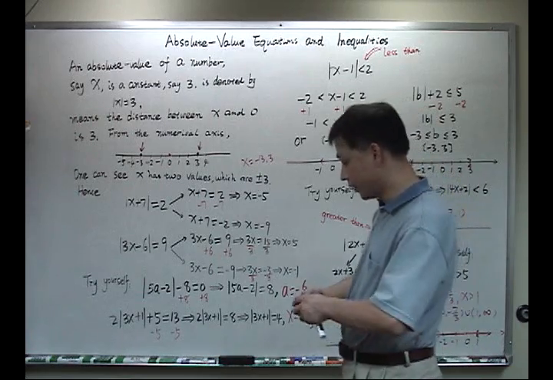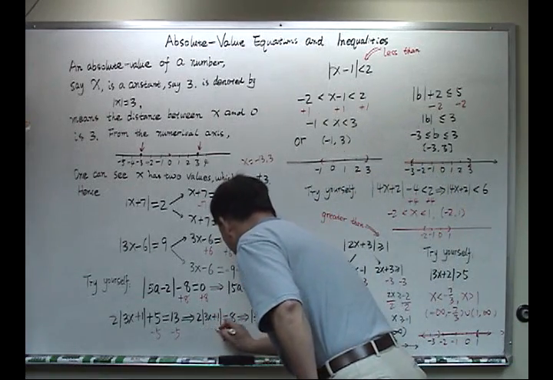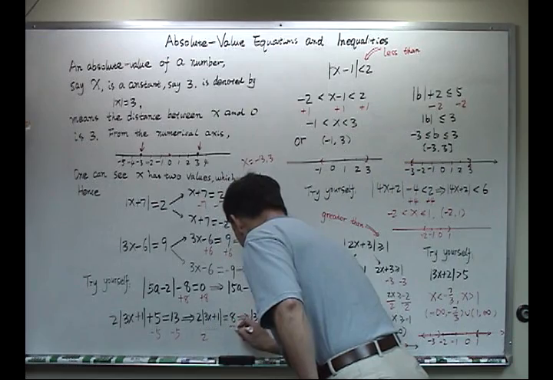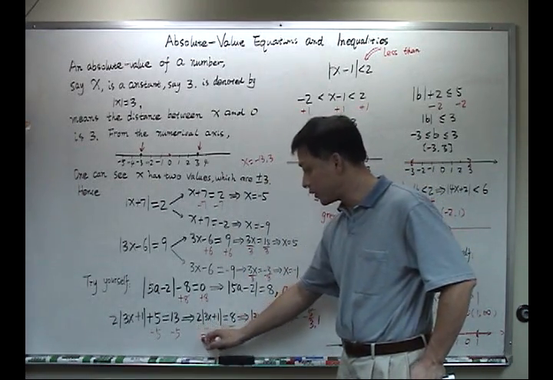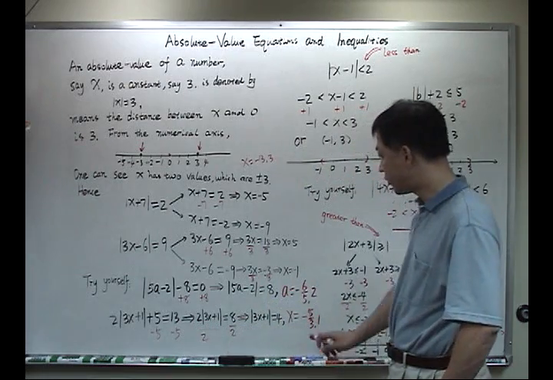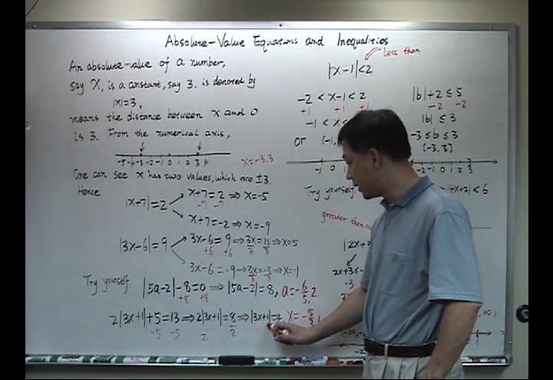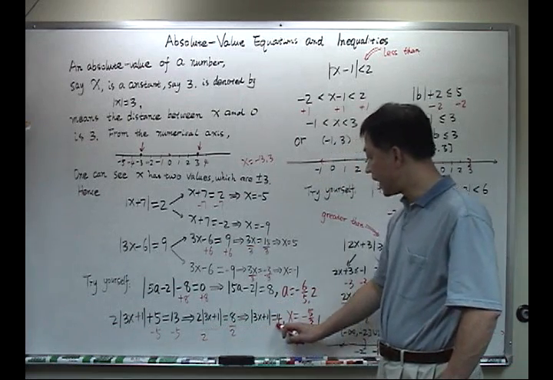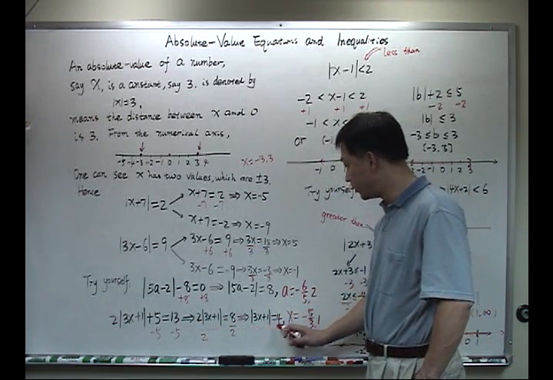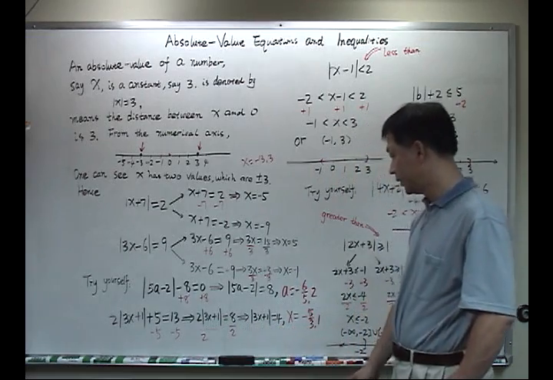Now divide both sides by 2, so the 2s cancel. The left-hand side is the absolute value of 3x plus 1. The right-hand side is 8 divided by 2, which gives us 4.